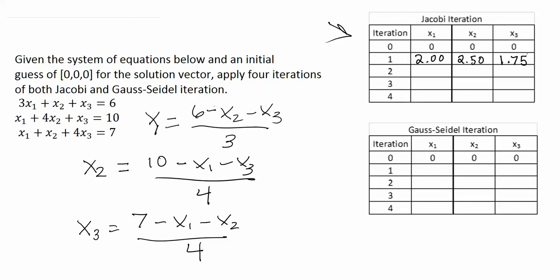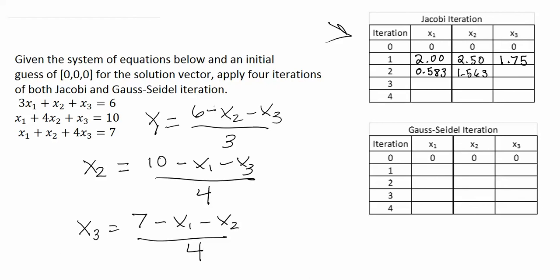So now we have x1 is equal to 6 minus 2.5 minus 1.75 divided by 3, which gives us 0.583. Then we apply equation 2, so we have 10 minus 2 minus 1.75 divided by 4, and for this one we get 1.5625, 1.56.